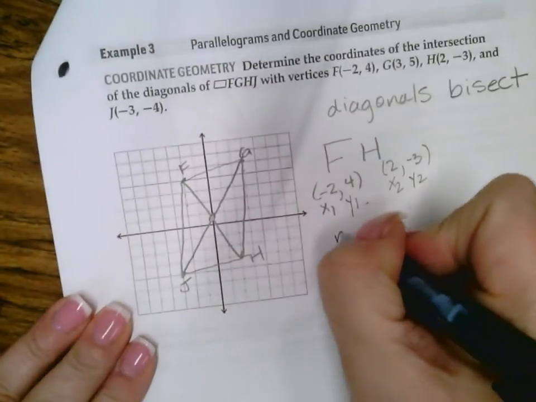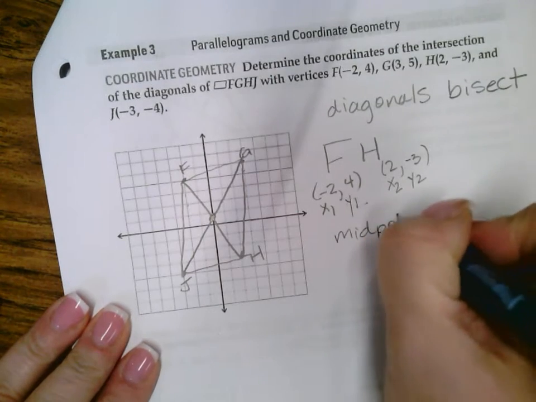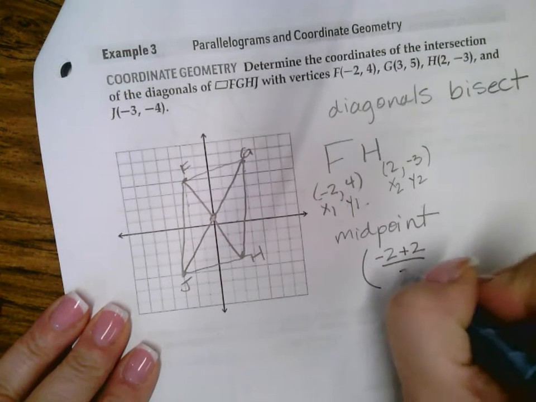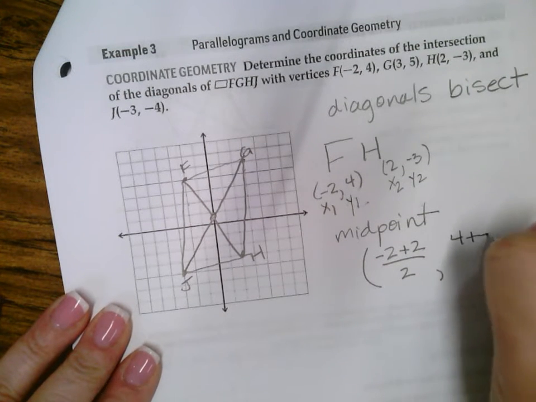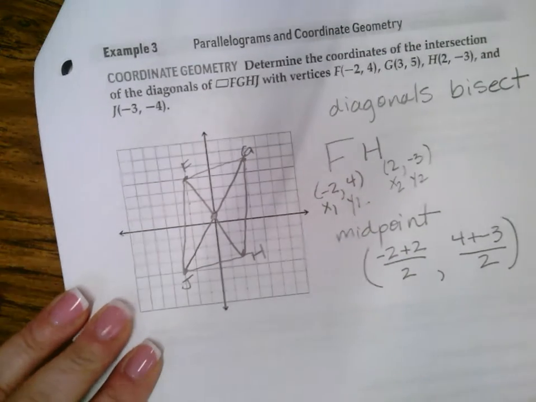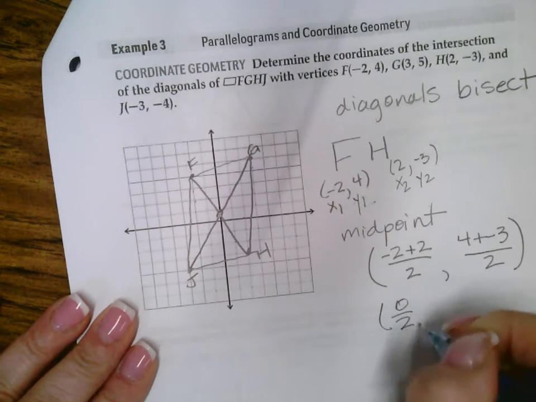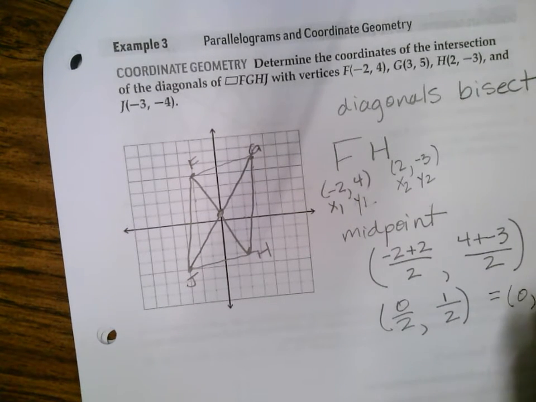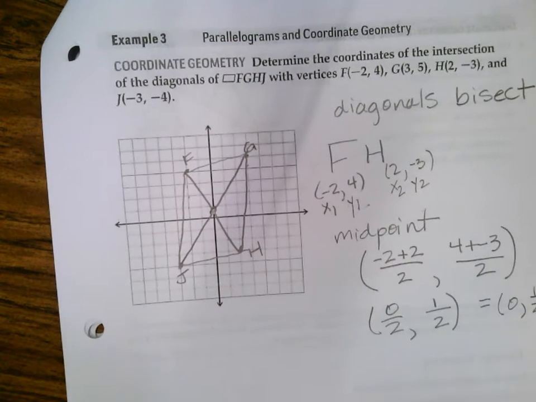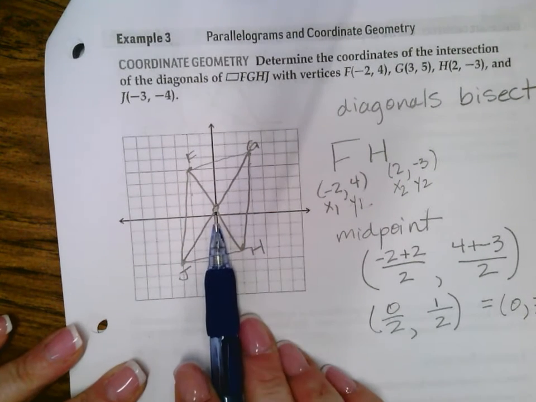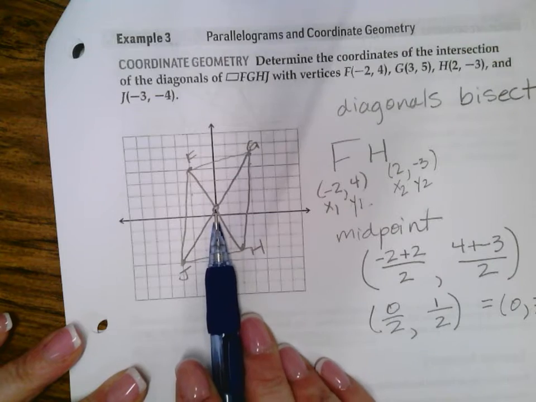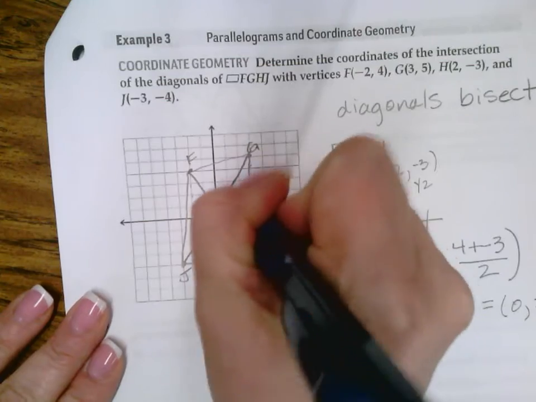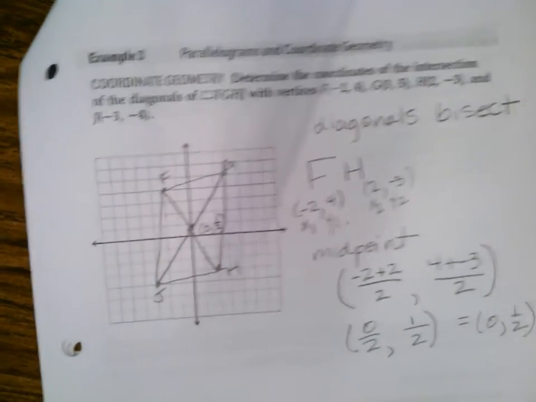So now we use the midpoint formula. Negative 2 plus 2, 4 plus negative 3, we'll get 0 over 2, 1 over 2, which is (0, 1/2). And I wonder if that looks accurate. If we look, it looks like it's about (0, 1/2). So that's good. That's how we find the coordinates of the intersection of the diagonals.